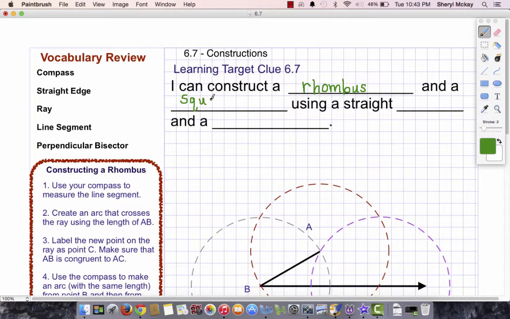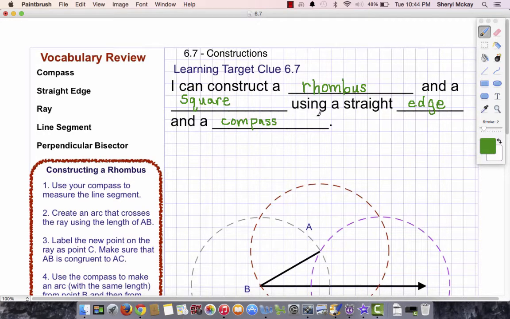Make sure you're writing these in. Using a straight edge and a compass. I can construct a rhombus and a square using a straight edge and a compass.